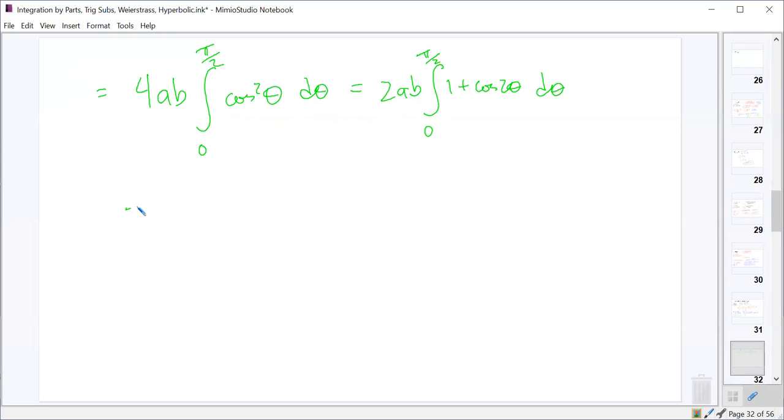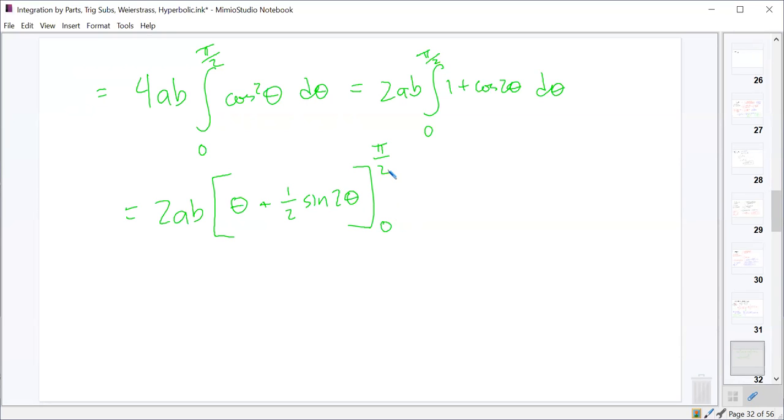And that ought to give us 2ab times the integral of 1, which is theta, and the integral of cosine 2 theta, which is 1/2 sine 2 theta. And we're going to integrate that from 0 to pi over 2.